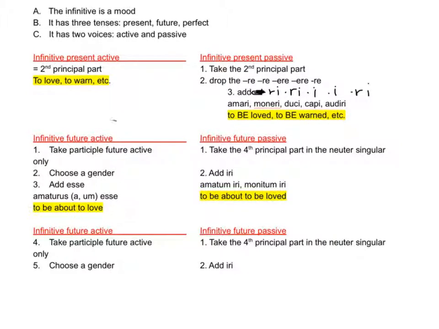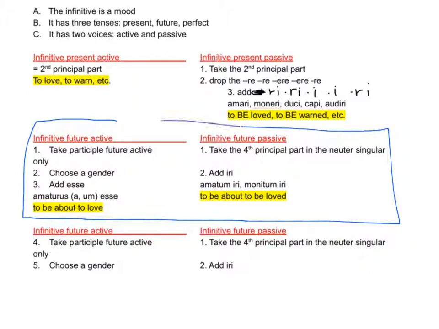So let's look at the next two, the infinitive future active and the infinitive future passive. The infinitive future active, you take the participle future active. That's the first thing you learned in this chapter. Then you choose a gender, masculine, feminine, or neuter, and then you add the form esse.